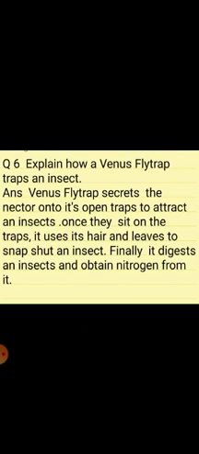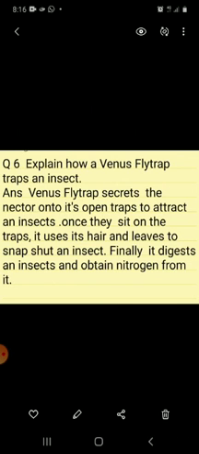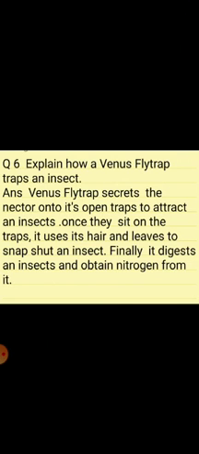See, the Venus flytrap secretes nectar. Why do they secrete nectar? To attract the insect, because the insect will come to suck the nectar and sit on its open trap. What is the meaning of trap here? The open leaf, the modified leaf, is known as the trap, and that trap has hair-like structures. Once the insect sits on this trap, it uses its hair and leaf to snap shut on the insect.